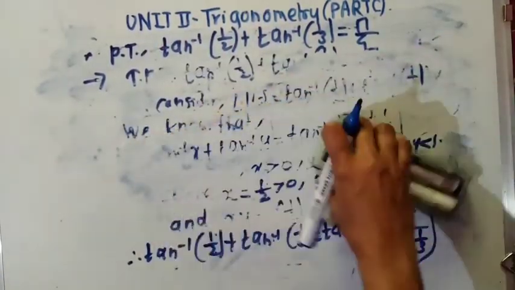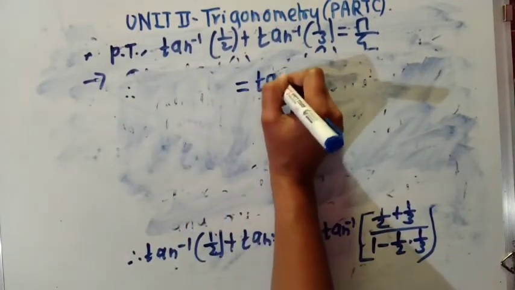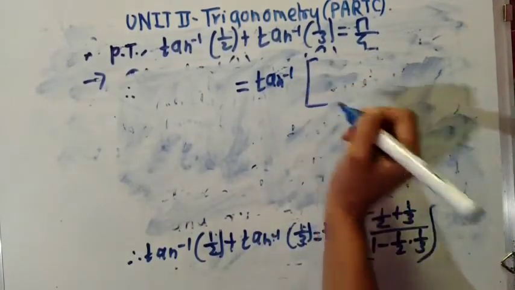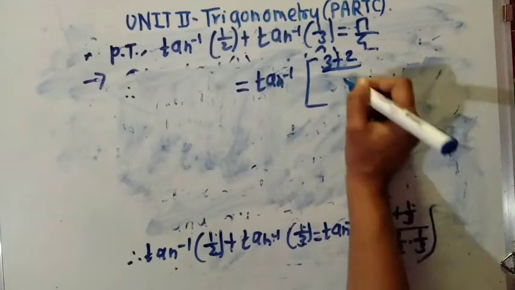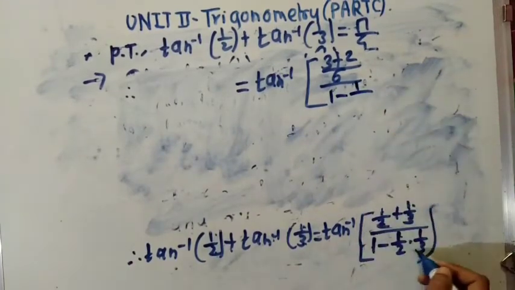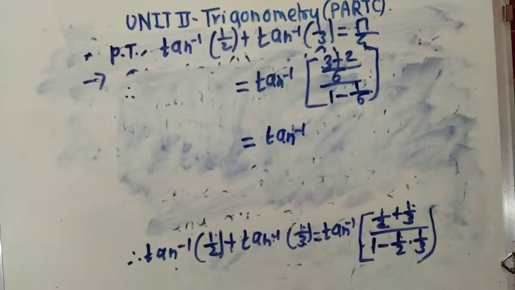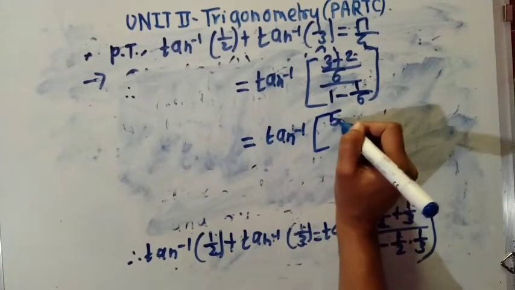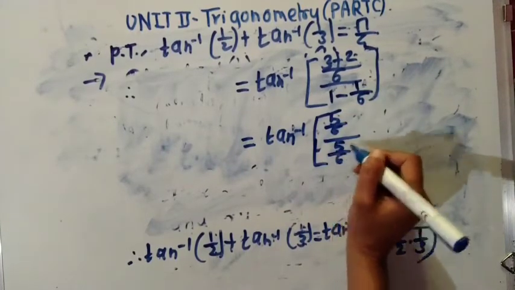Then find out this value, which is equal to tan inverse of 3 into 3, 3, plus 2 into 1, 2, upon 3 into 2, 6, upon 1 minus 1 into 1, 1, upon 3 into 2, 6, which is equal to tan inverse of 3 plus 2, 5 upon 6, upon 6 minus 1, 5 upon 6.